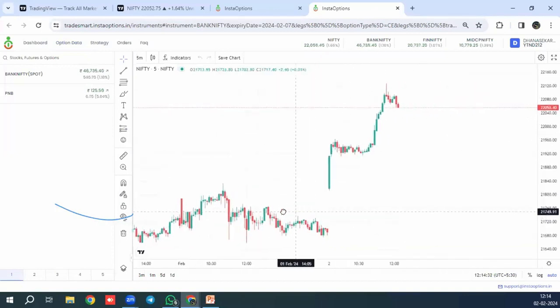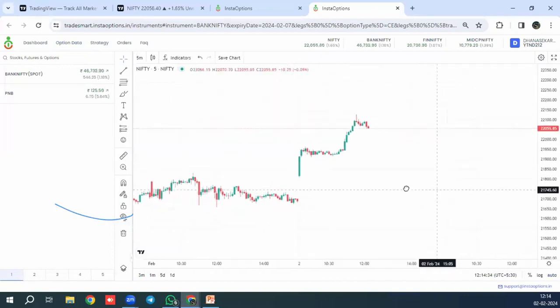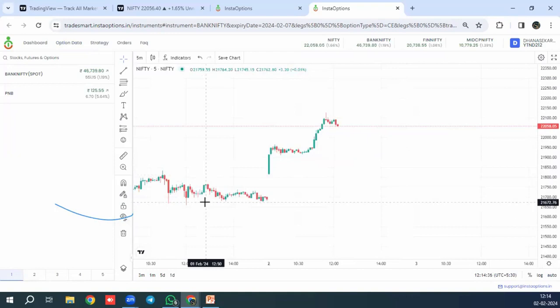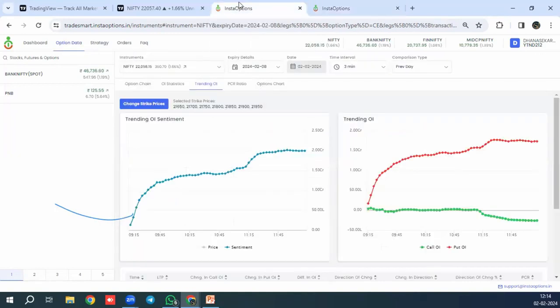The same TradingView chart is also visible here. So it will be very easy for us to identify where the market might move. Then next topic.